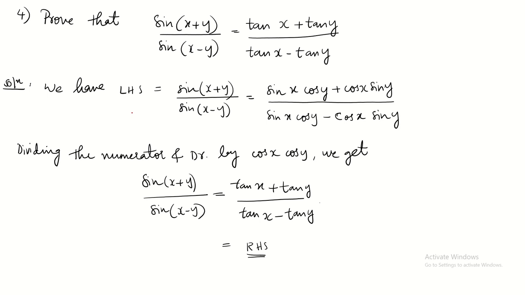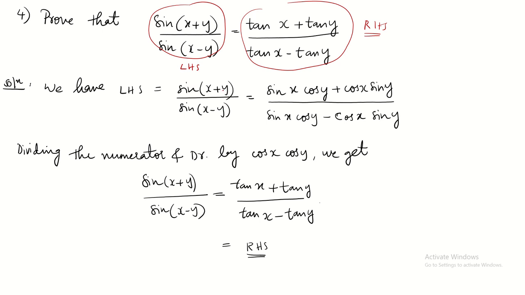What is LHS here? This one, this term. Now first I'll take LHS term, sine of x plus y divided by sine of x minus y. I'll expand this using the formula.